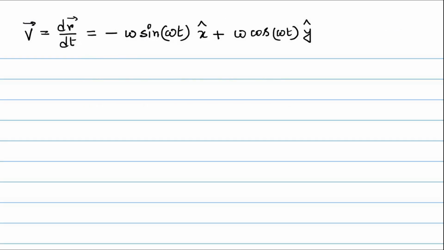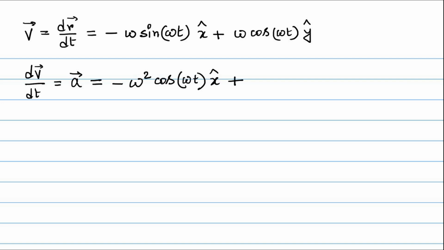So if you differentiate the velocity, this would be a, and this is equal to negative omega. Then when you differentiate sine omega t, you get another omega out, so omega squared. Sine turns to cosine of omega t times x hat, and then plus you have another omega comes out, so omega squared.